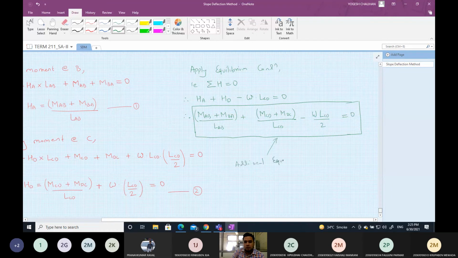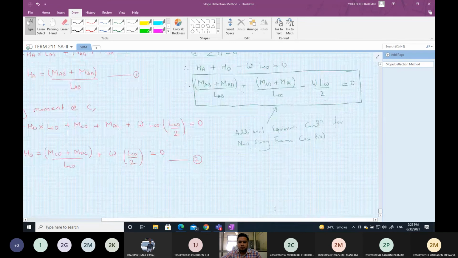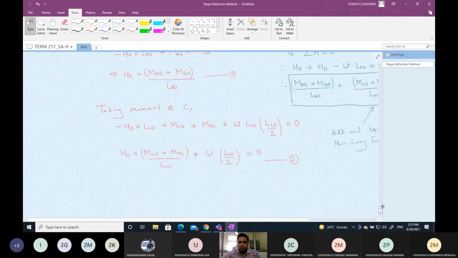Additional equilibrium condition for sway frame case 4. Now let us say I give a task to you.